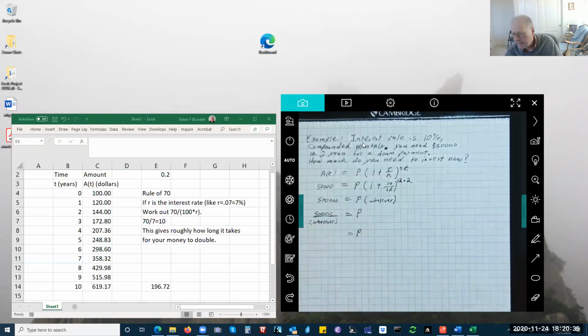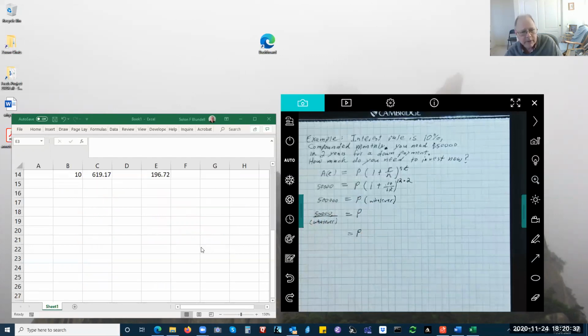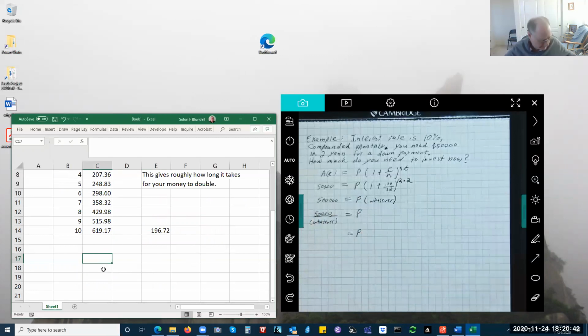Now, let me do that with a spreadsheet. What's whatever? So let's see, what is that? It's 1 plus 0.10 over 12 to the 24th power.